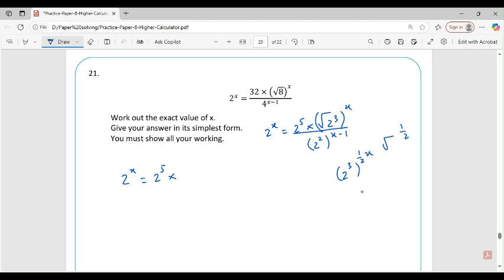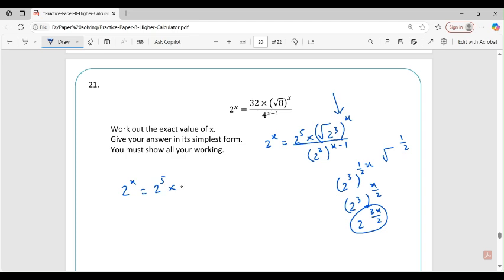Okay. Now to further simplify, I can write 2 cube and x over 2. Now once this is multiplied, this 3 is multiplied by x over 2, this should give you 3x over 2. So this is the answer for this whole thing.